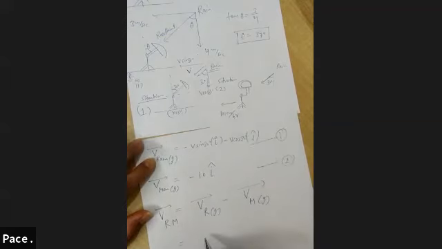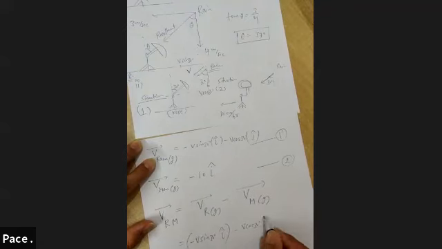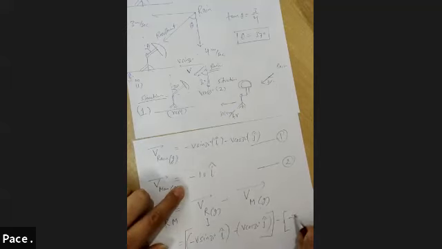So velocity of rain with respect to ground is minus V sin 30 degree i cap minus V cos 30 degree j cap, minus the velocity of man with respect to ground, which is minus 10 i cap.